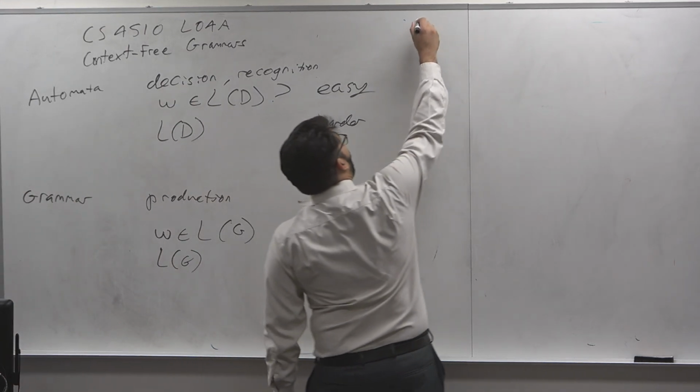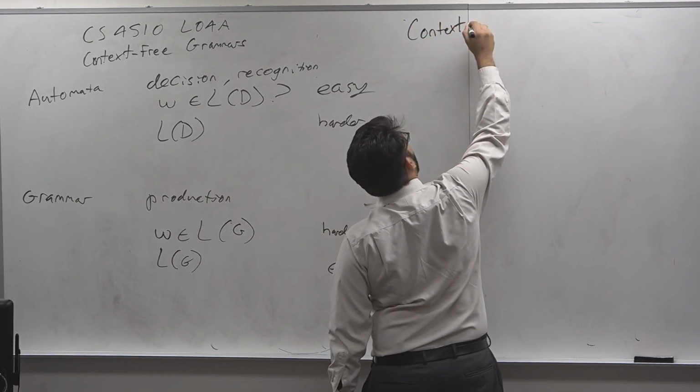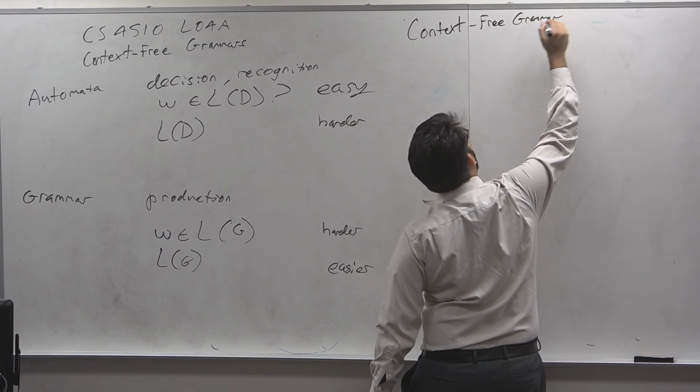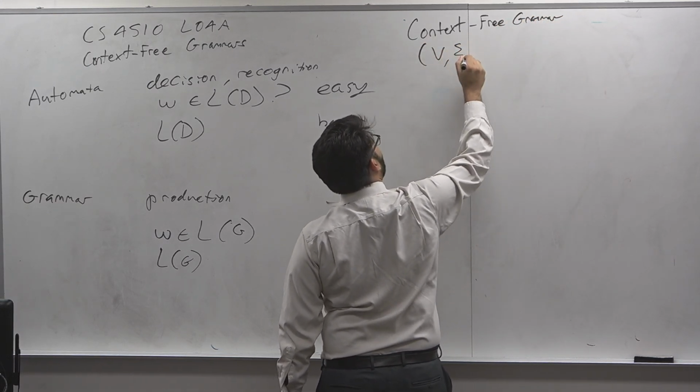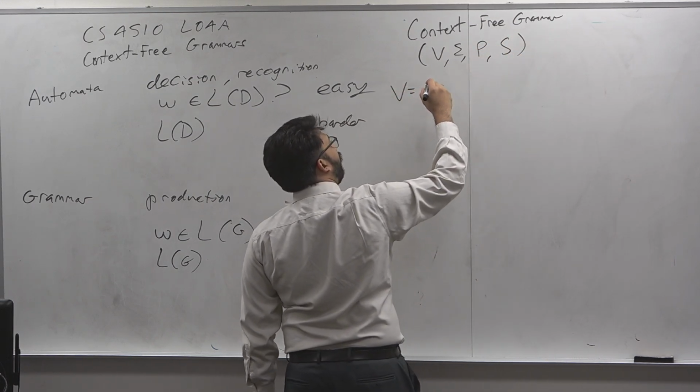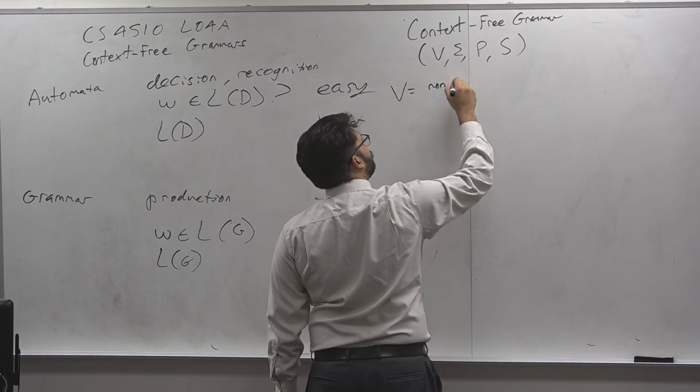So what's a context-free grammar? It has four parts: V, sigma, P, and S. V is a set of non-terminals.